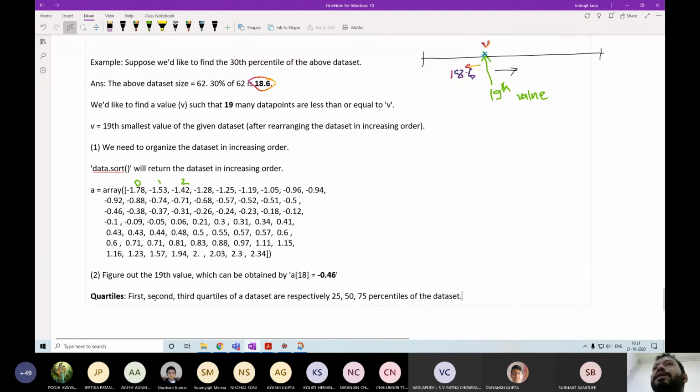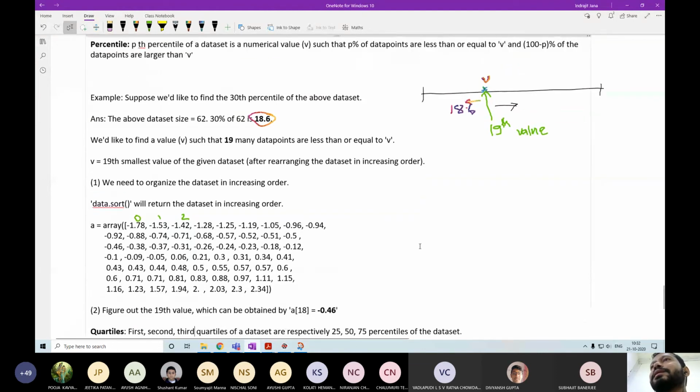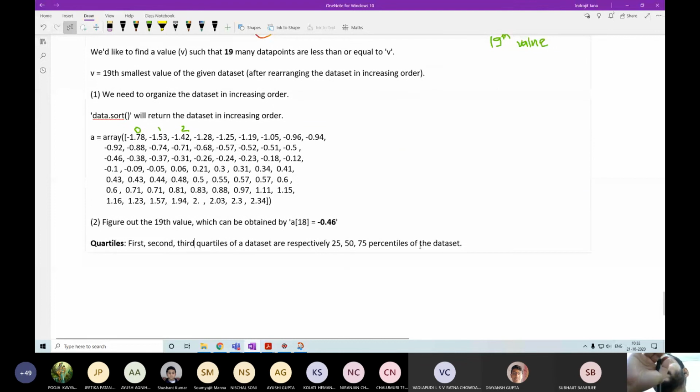So first quarter, a quarter means quarter, which is 25, right? So first quarter is 25, second quarter is 50, third quarter is 75. So first quartile means you want to figure out a value where 1/4 of data points are below that value and 3/4 are above that value. That is the first quartile. Second quartile is just at the middle, and third is the 75.